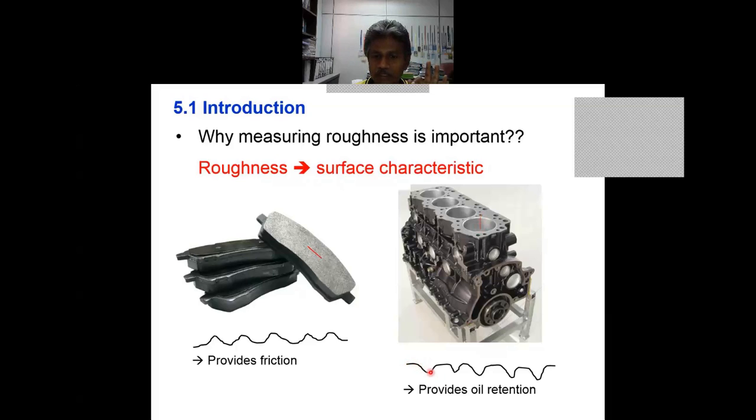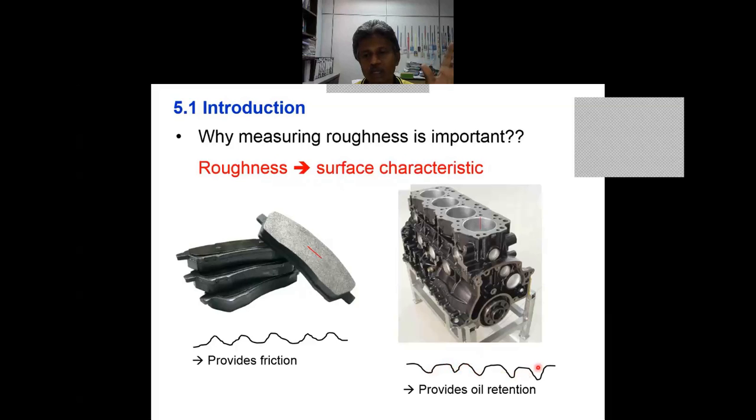The microscopic view looks strange in the sense that the top part looks flat. So it means that this has been ground, lapped, polished so that it's flat. But in between the flat areas, you have something like pits, something like valleys.